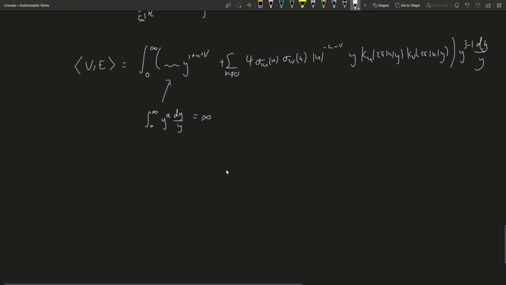And automorphic regularization is the following: you can ignore powers of y where the real part of alpha is less than 1/2.